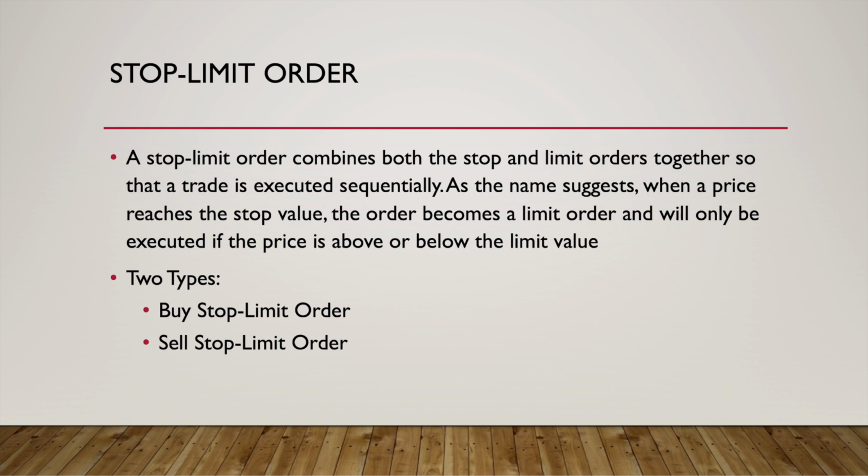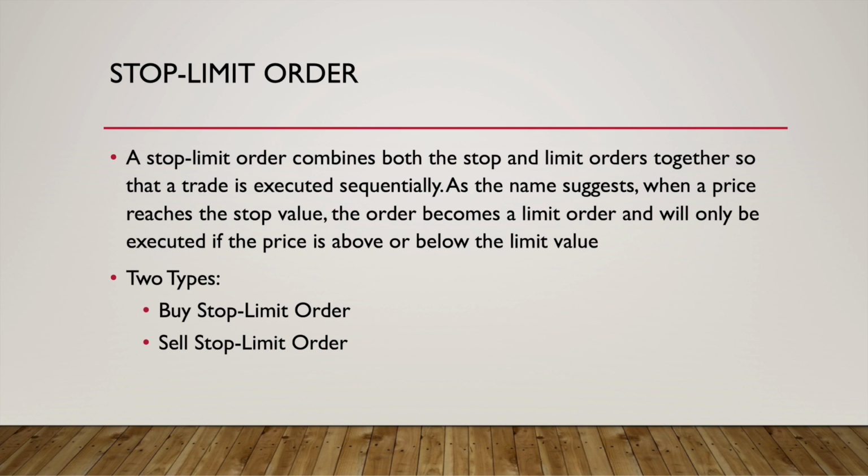So this order is useful when you want to enter a trade only if the price is within a certain range, or when two conditions exist in order for it to be executed.